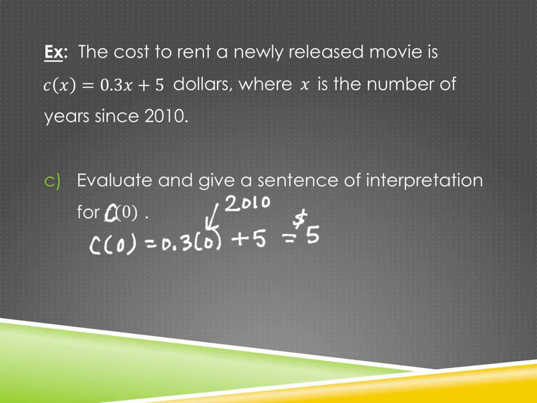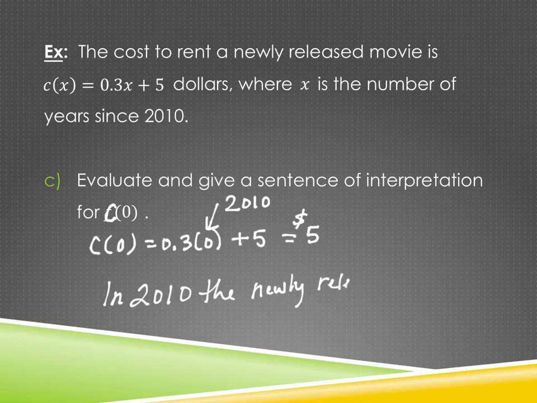So it actually means that in 2010, and the $5, the output, is the cost of the movie, the newly released movie, costs $5. Does that make sense? Okay.